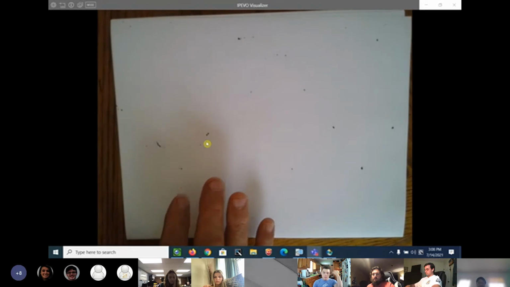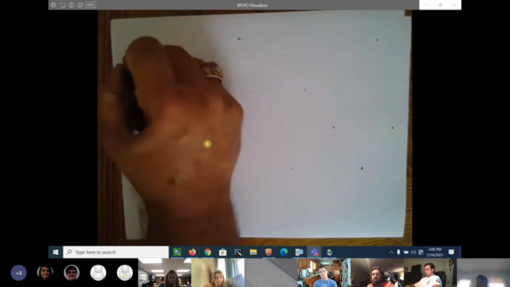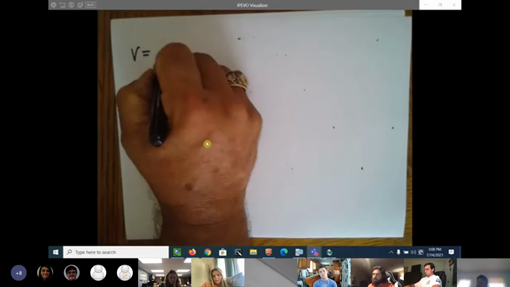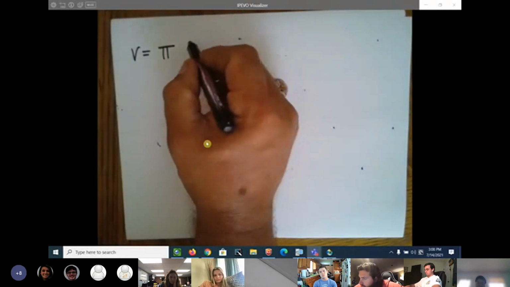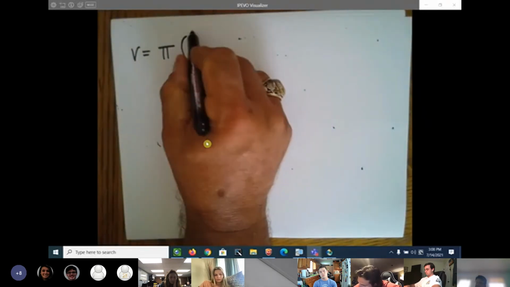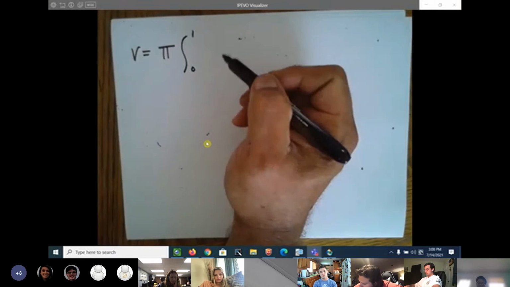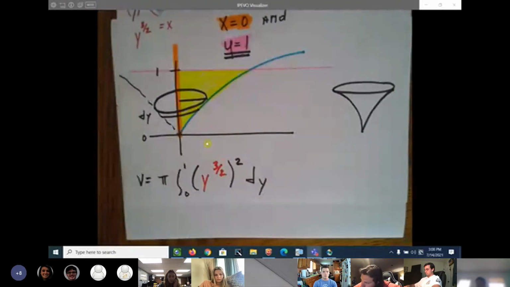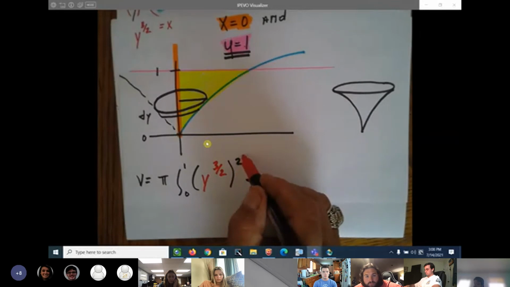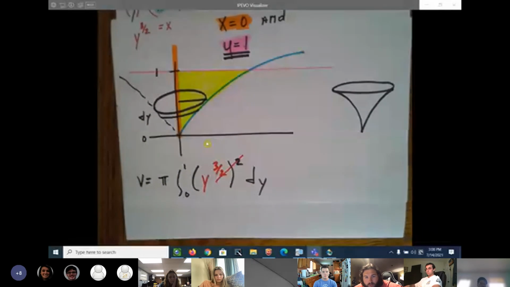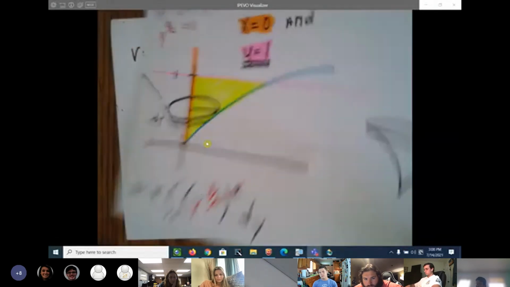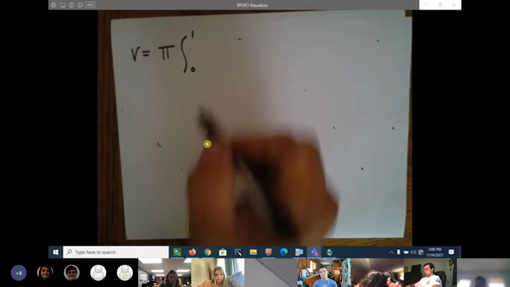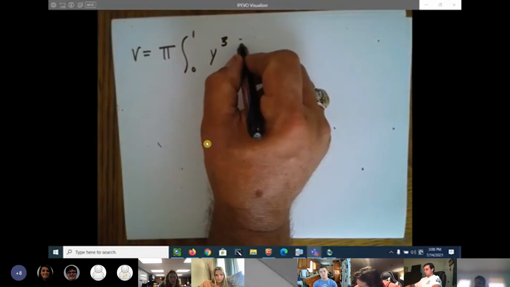So with that being said, let's finish this one. V is equal to pi, integral from 0 to 1. And what happens to the 2's? They cancel. That's right, class. So that's y cubed dy.